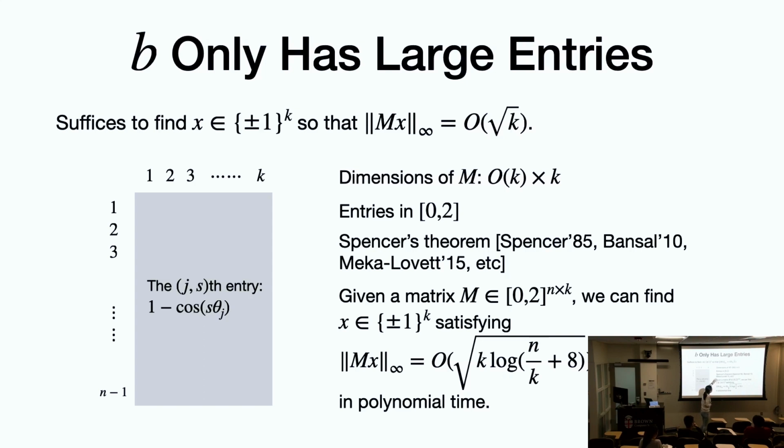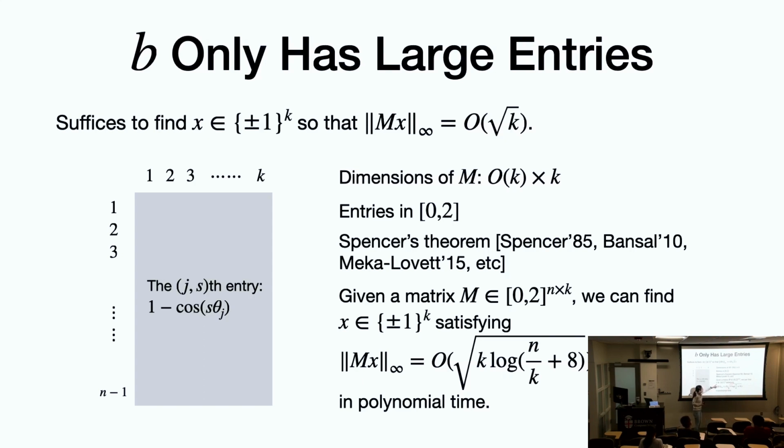So there is a famous result in discrepancy theory called Spencer's theorem, which actually gives the answer to this question. It says that suppose we are given a matrix M of n by k dimensions, where each entry is bounded, for example, here each entry is between 0 and 2.